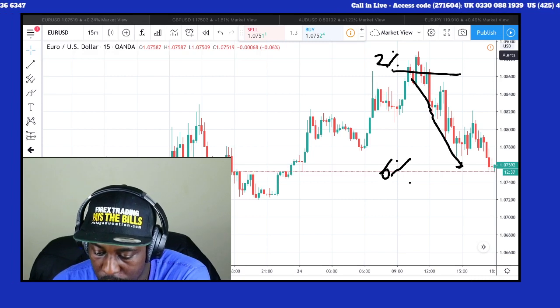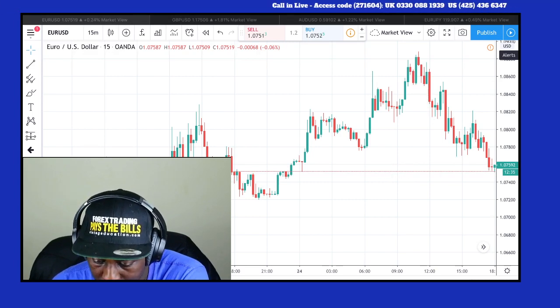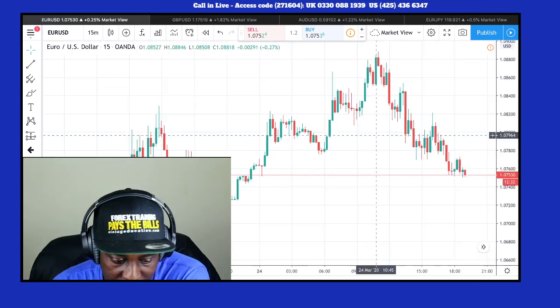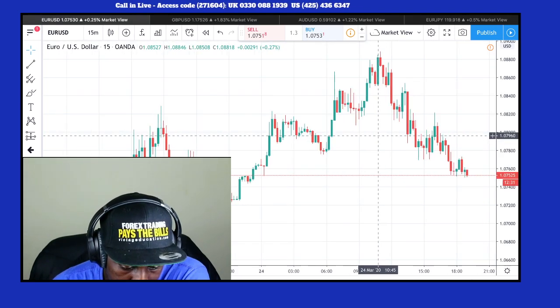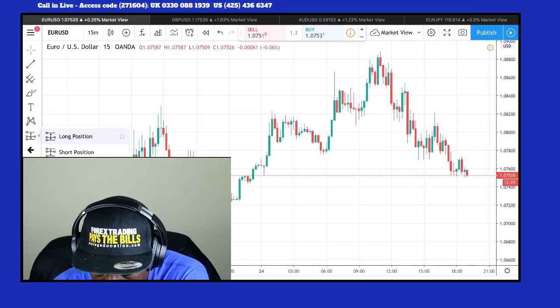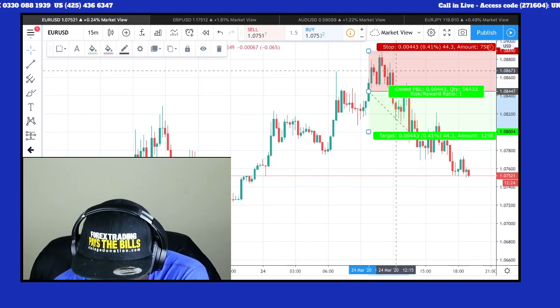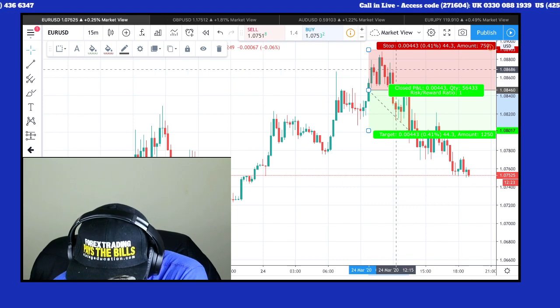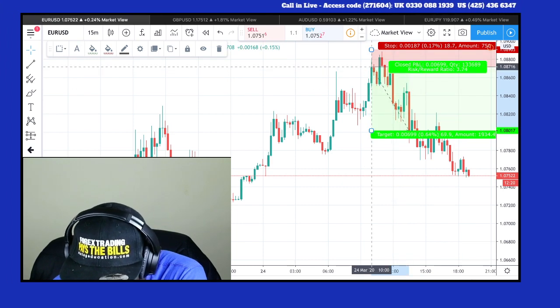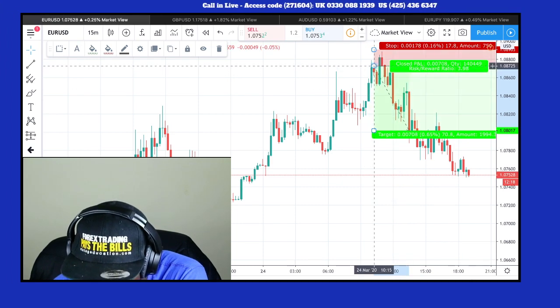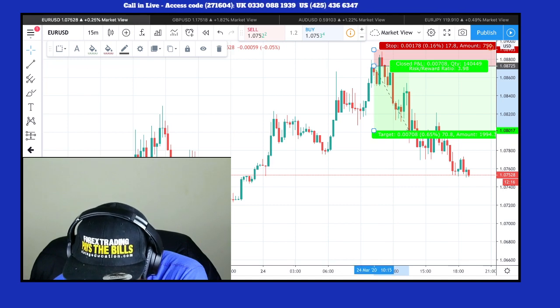So look what's going to happen right here. Okay, look at where price is in real time right now. I'm going to put our stop loss above the price action. Okay, and notice, look at the risk to reward, 3.9 to 8.